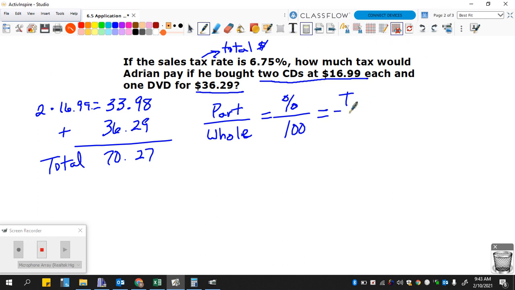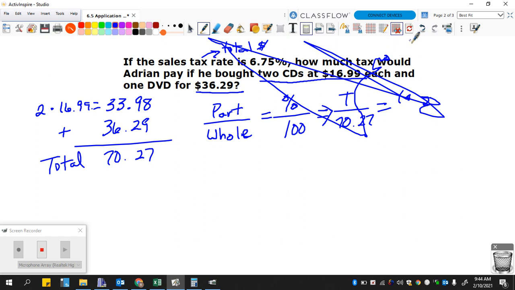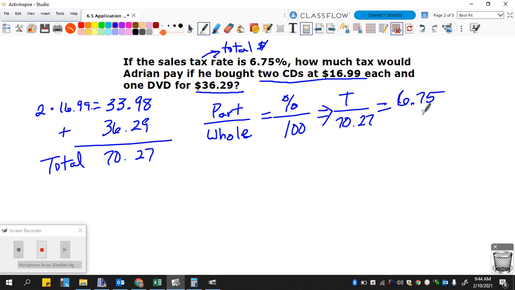T over the whole, the total, $70.27, is equal to the percent, 6.75, over 100.